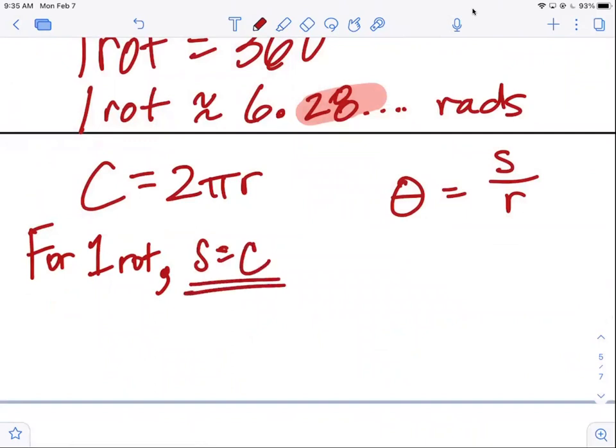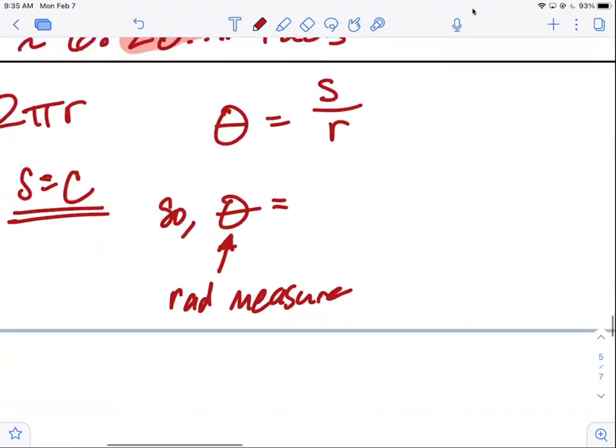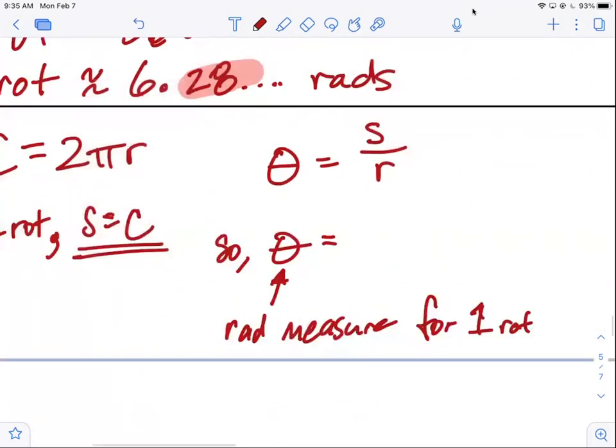So I can use substitution into the formula. Theta, which is the radian measure for one rotation, is equal to not just S over r, but C over r. Everyone okay with that? Now let's substitute.